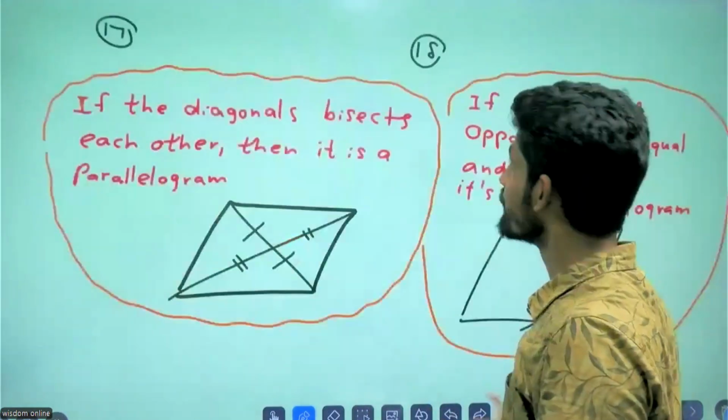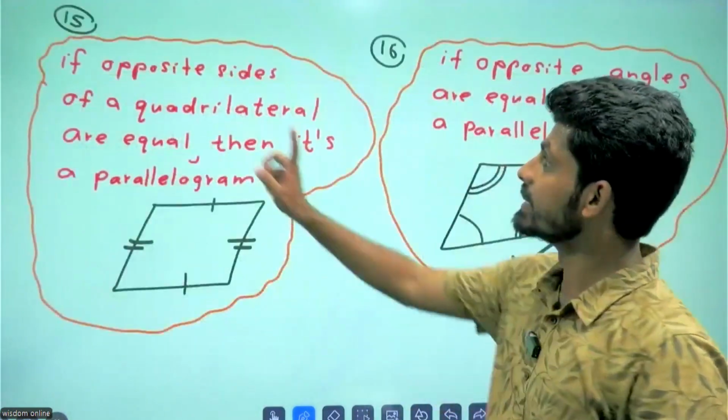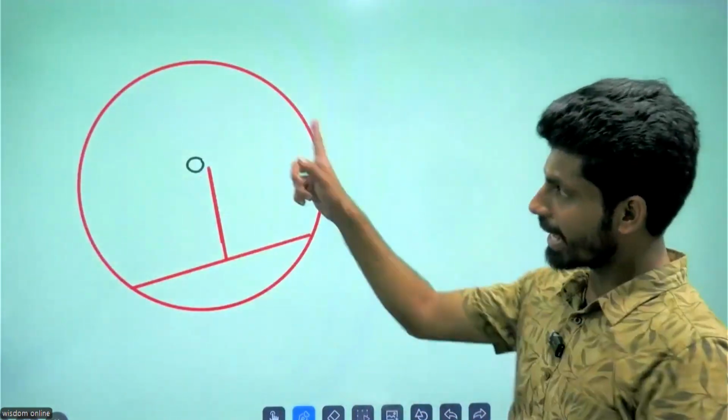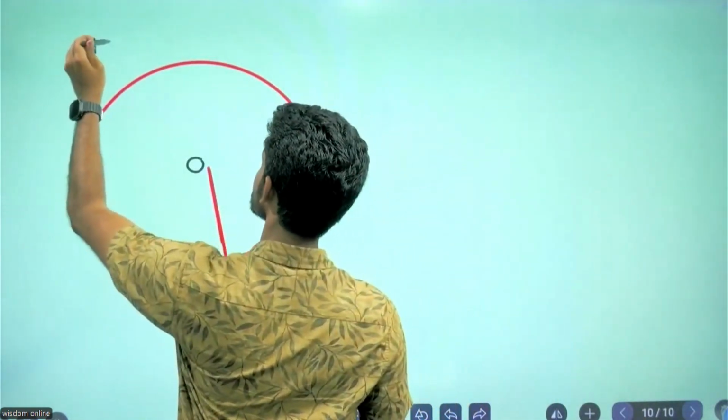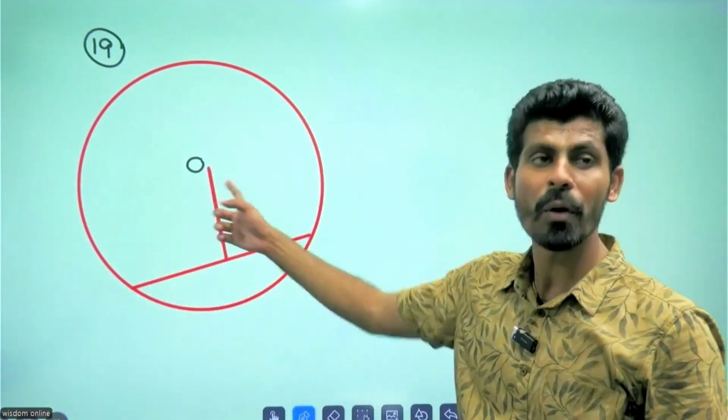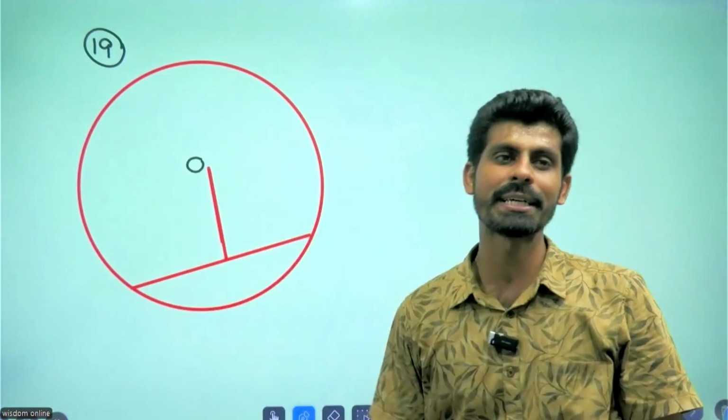So what is the theorem number? 15, 16, 17, 18, and 19. Theorem number 19. This is the center O, and you can see this is the chord.